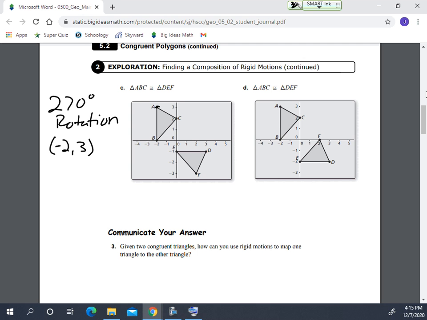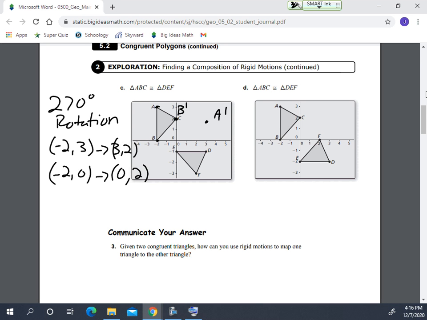Our rotation rules will put us at 3, 2. If we think about our rotation rules, point B at -2, 0 will be at 0, 2. Yep. So that's B prime.